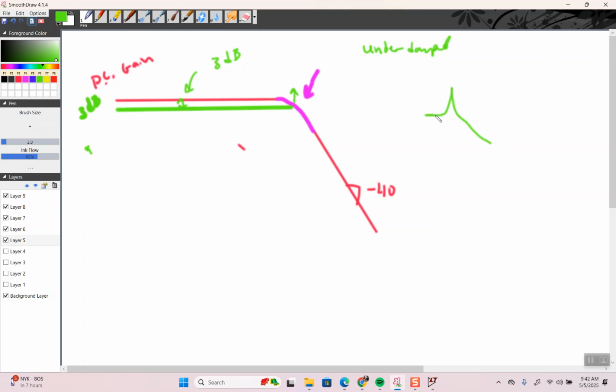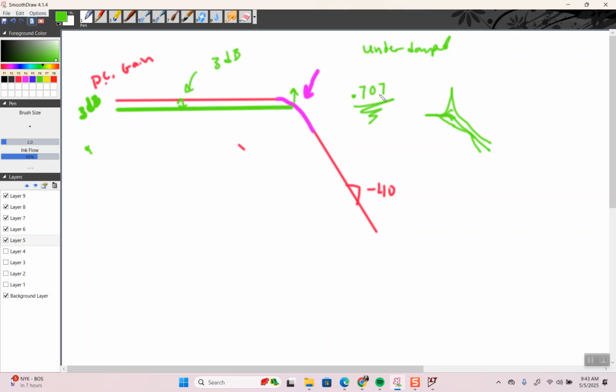But this was second order underdamped, critically damped, and then as it gets higher and higher, right? Well, the damping coefficient under these conditions is 0.707, which is the Butterworth condition.